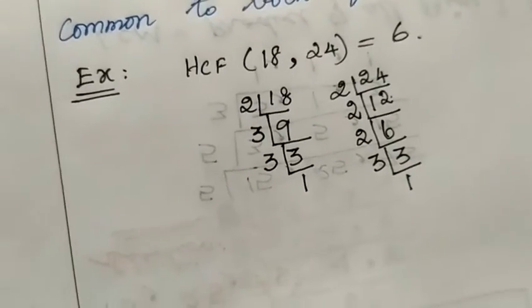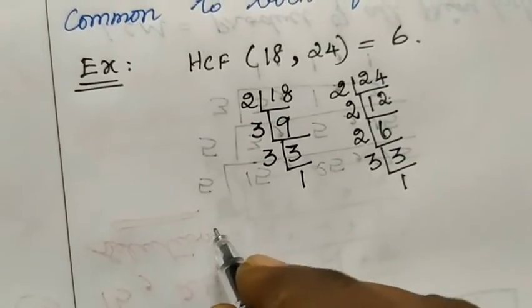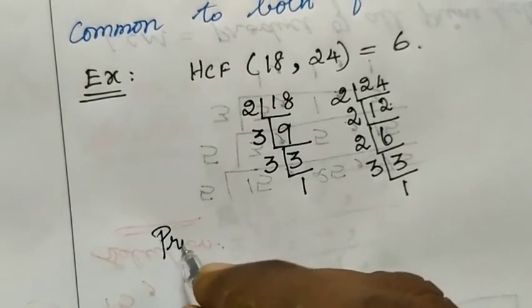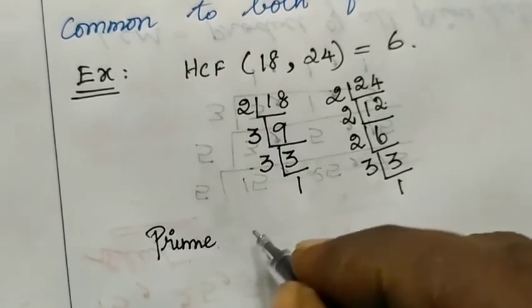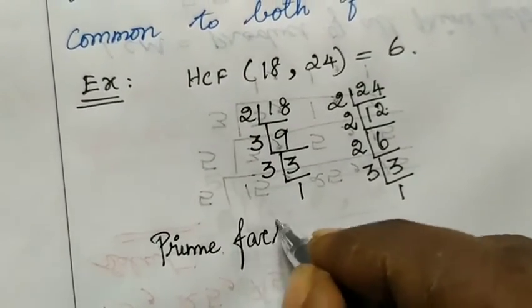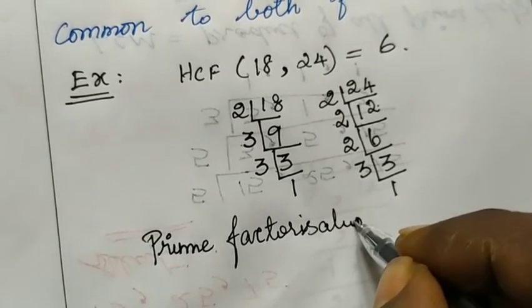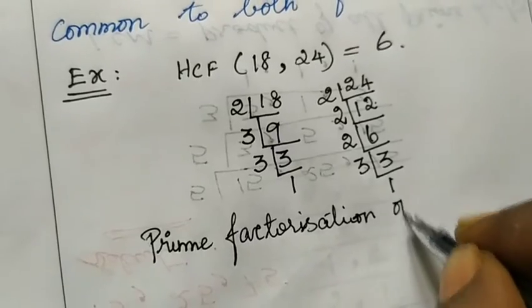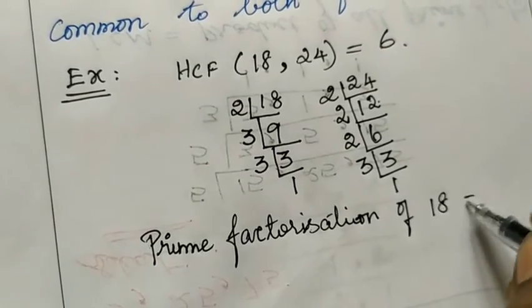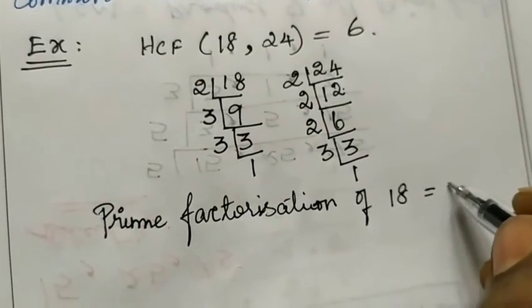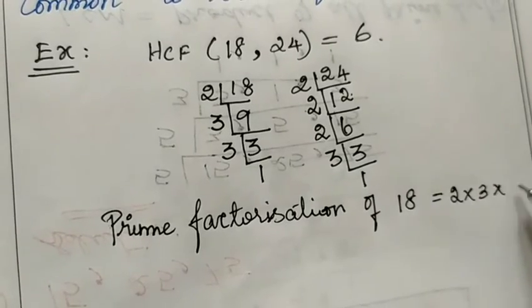Yes, first we take and write these numbers as prime factors. Prime factorization of number 18. What are the factors? 2 into 3 into 3.